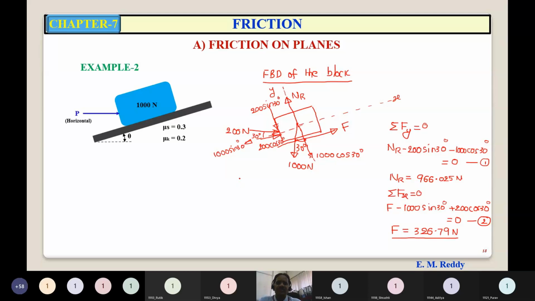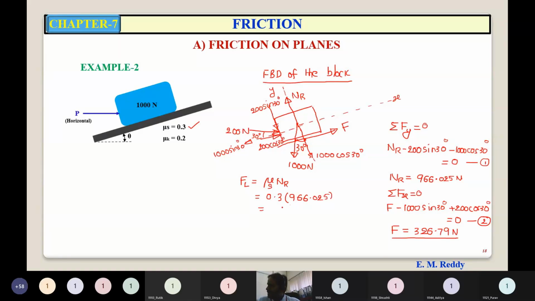Now what is the limiting friction or maximum friction? It is given by the coefficient of static friction into normal reaction, as per Coulomb's law of friction. So the coefficient of static friction is 0.3 into normal reaction 966.025.